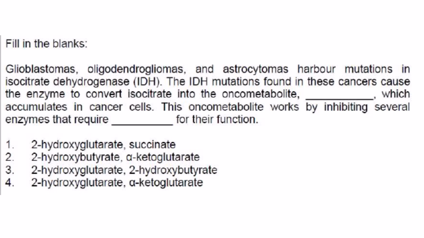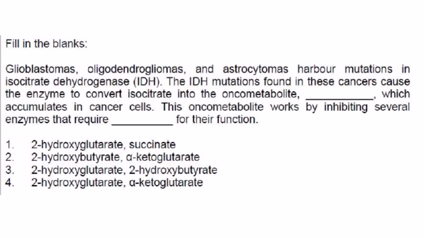And because of this catalytic activity, it will convert isocitrate to 2-hydroxyglutarate or 2HG, and this is an oncometabolite. So your first blank, this fill in the blank, should be 2-hydroxyglutarate. So that makes option 2 not correct, whereas in others it is 2-hydroxyglutarate.